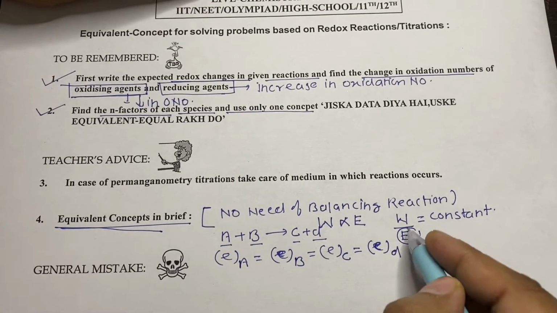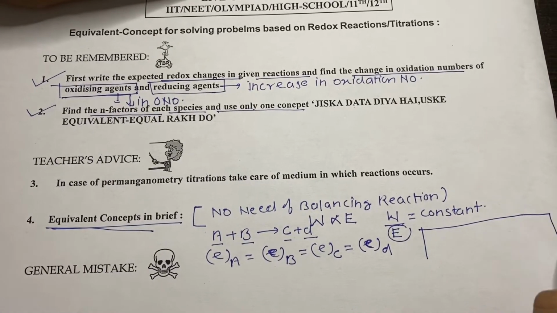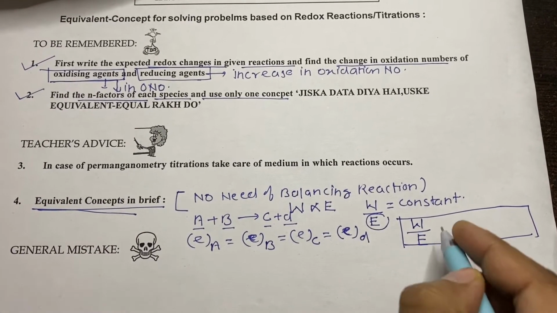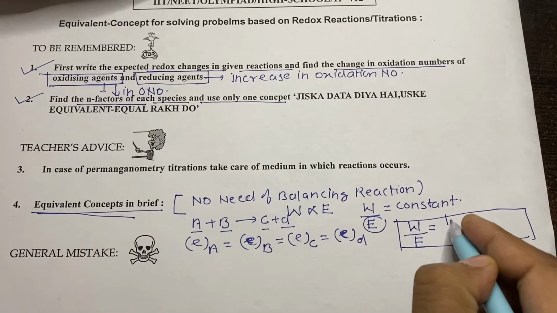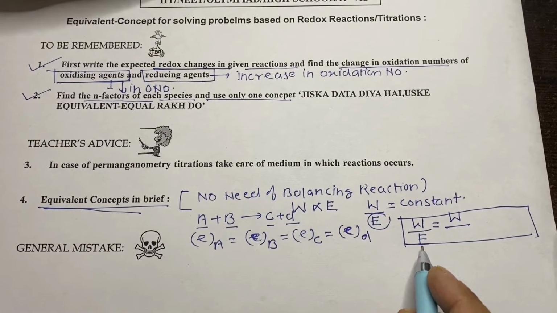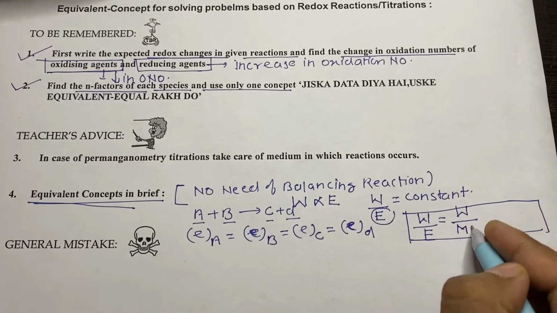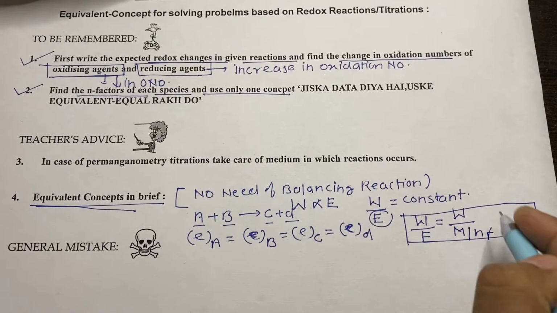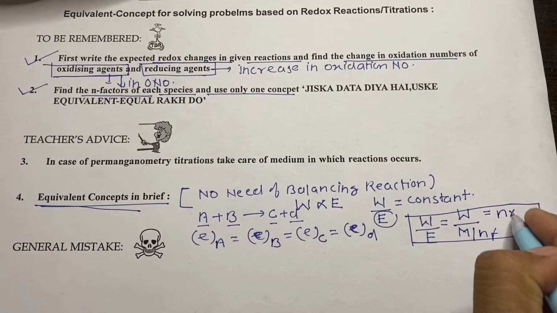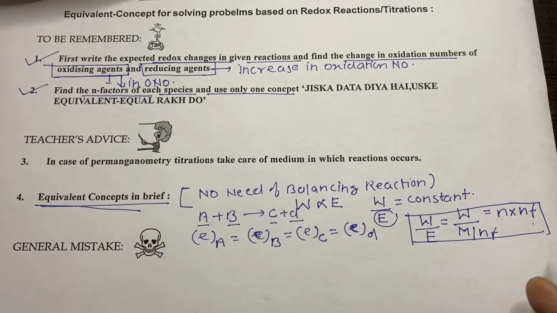So this number of equivalents can be written in three forms basically. The first one is W by E, and we know that equivalent mass is molecular mass or atomic mass upon N factor, so we can write this as W by M by NF, and W by M will be moles. So the second formula of the equivalents will be n into N factor.